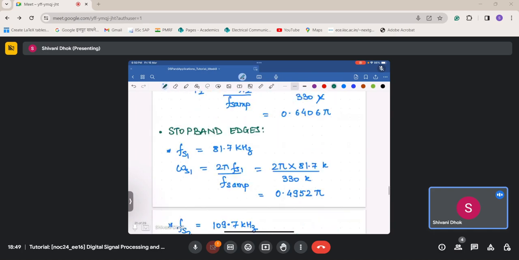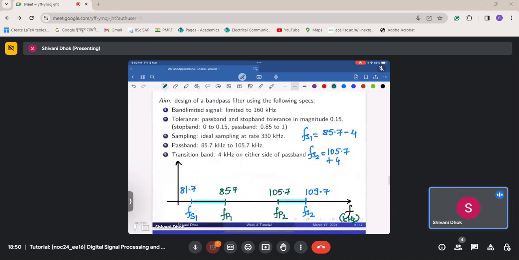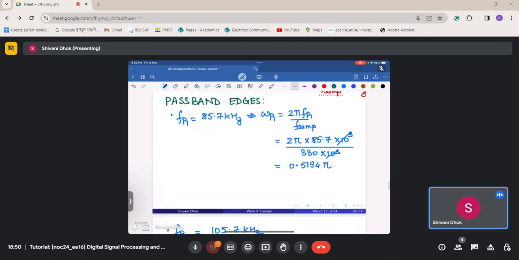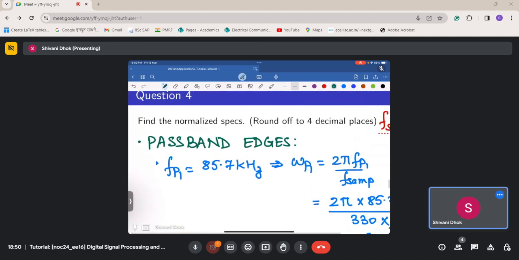So anyway, be careful: this is the way you will be given your specifications, and you will be asked to design a digital filter or a discrete time filter. The questions which are coming now you can consider as steps to design that particular filter. When you are given this information, the first step is to find the normalized specifications.